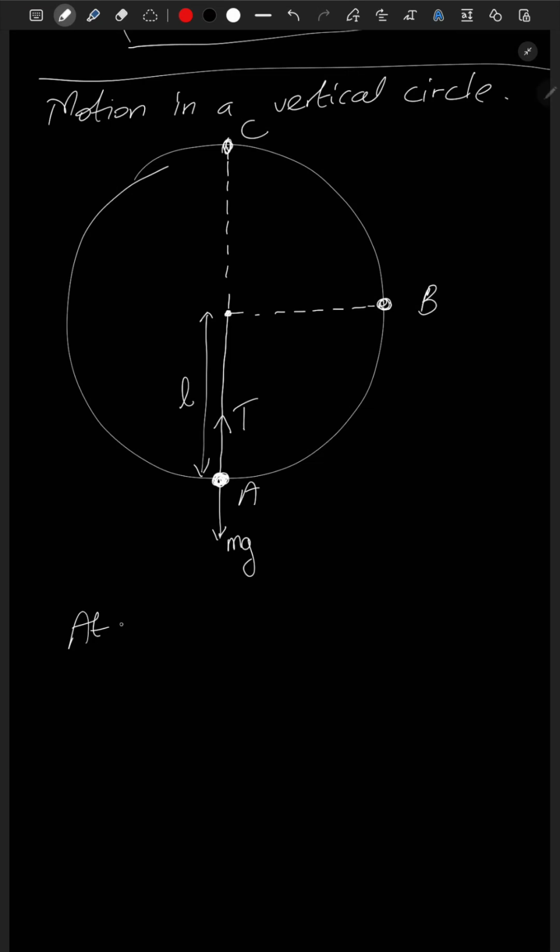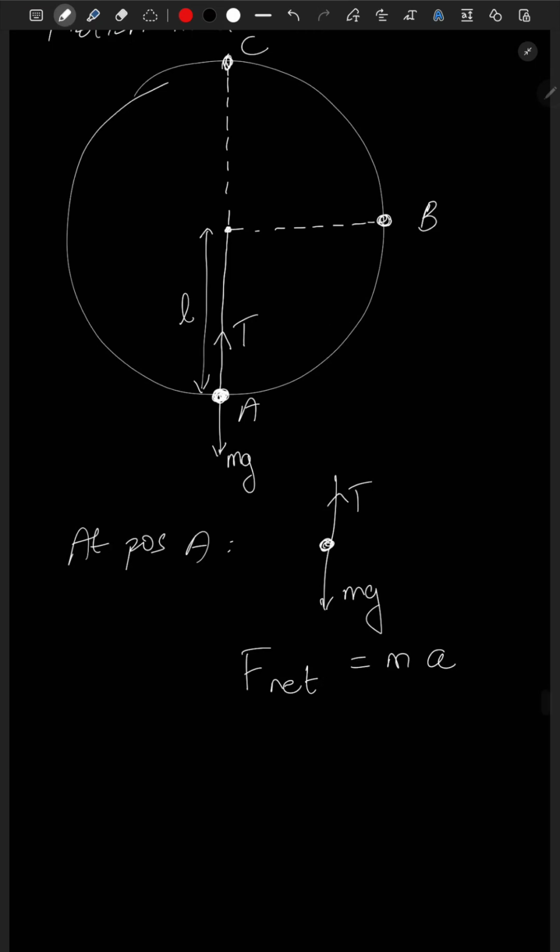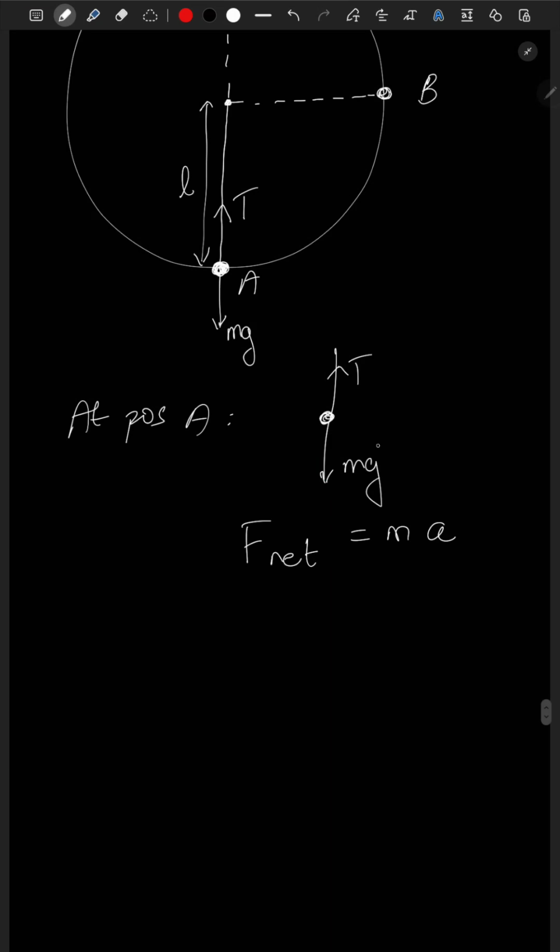Now we can say that at position A, we can resolve the 2 forces: here is T and downward is the mg, so the net force is mass times acceleration. The centripetal force is towards the center, and therefore the acceleration of the body should be toward the center.